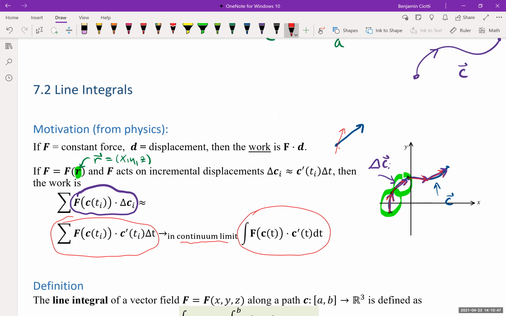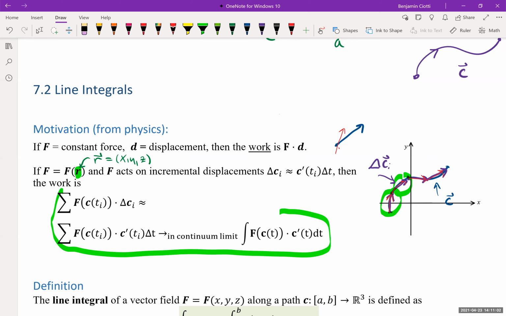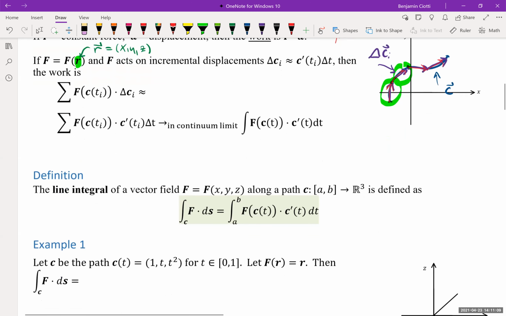All that was to justify the line integral formula that I will now introduce. Like I said, you don't need to worry too much about this. I put it in the notes in case you want to spend some time looking at it yourself. But I'm going to go on now to the definition of the line integral.